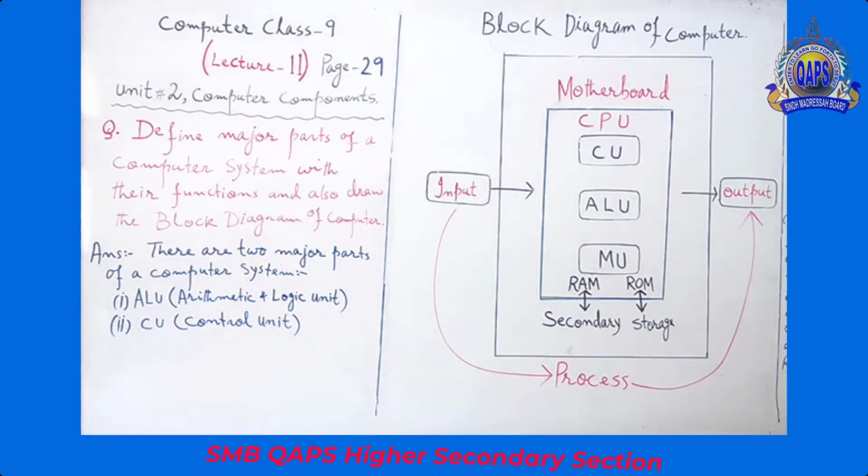For example, the control unit might load two numbers from memory into the registers in the ALU. Then it might tell the ALU to divide the two numbers as an arithmetic operation, or to compare the two numbers for equality. That's a logical operation.